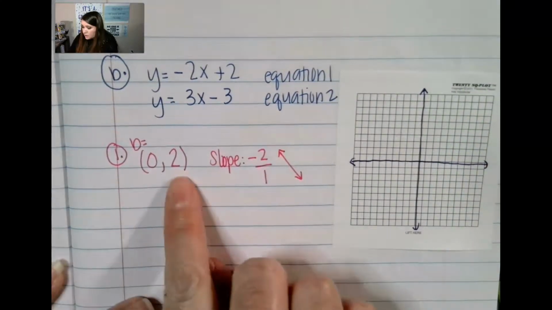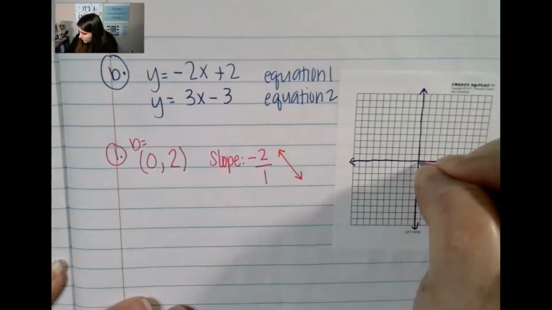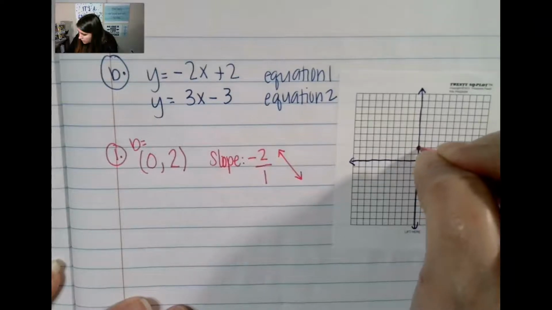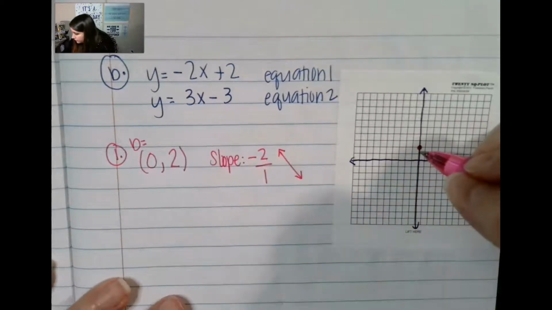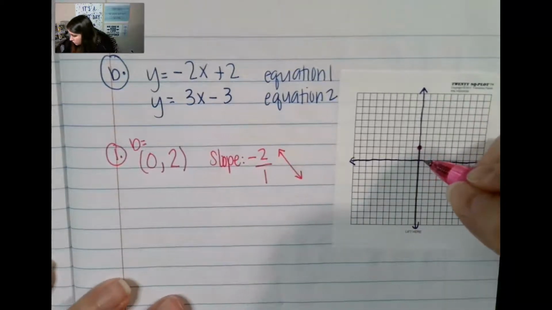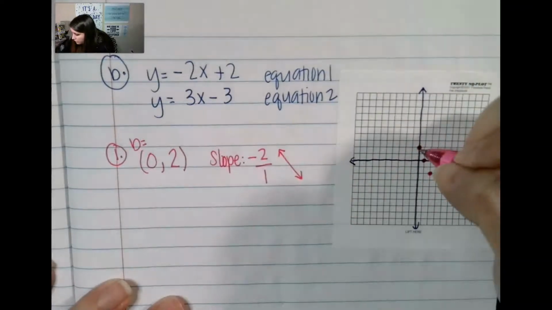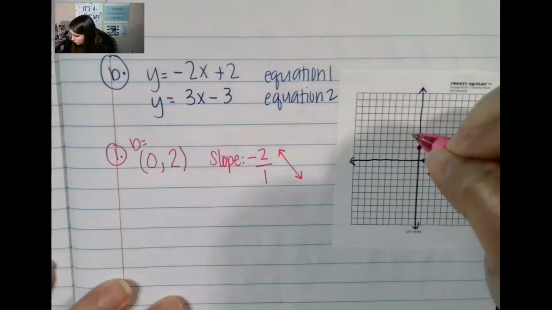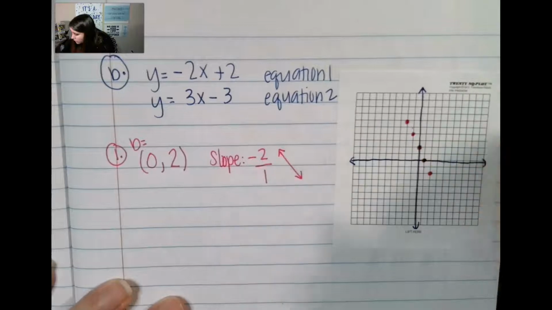So we're going to start at 0, 2. So we're going to go to 0 and then go up 2. 1, 2. That's where it crosses the b. And now we're going to go down over 1. So down 2, 1, 2 over 1. Up 2 over 1.